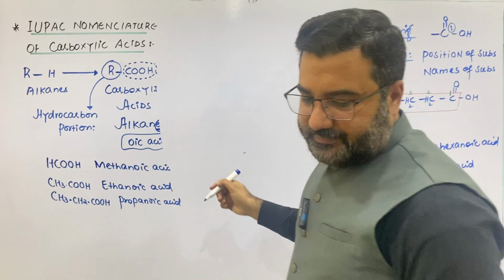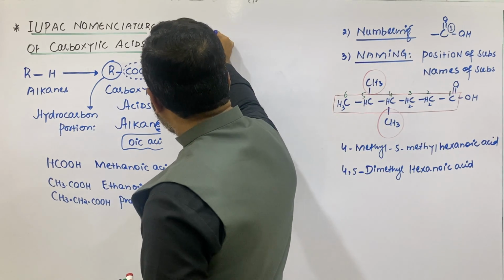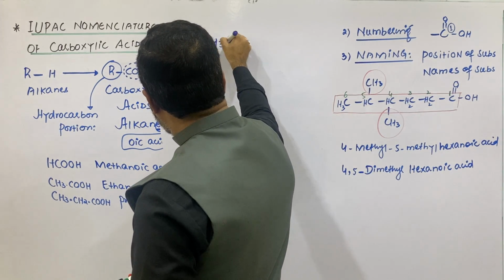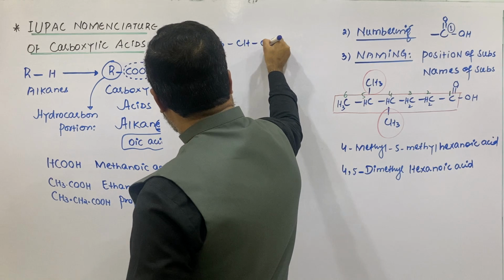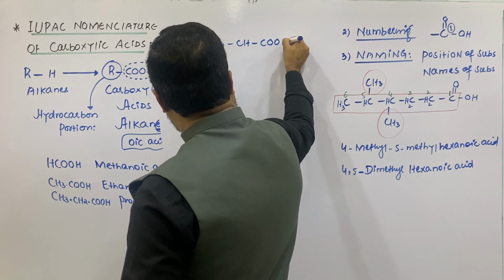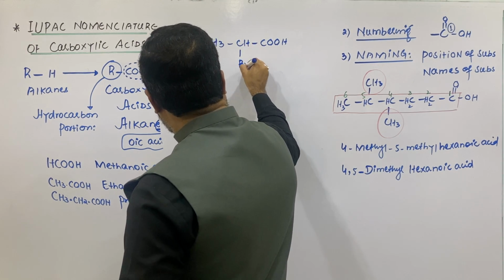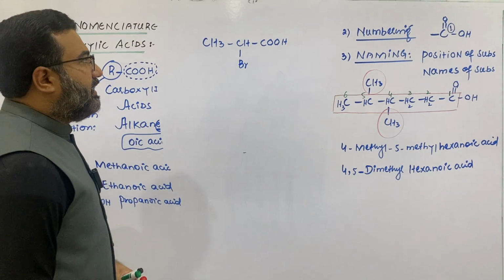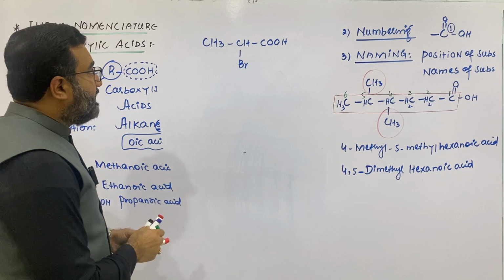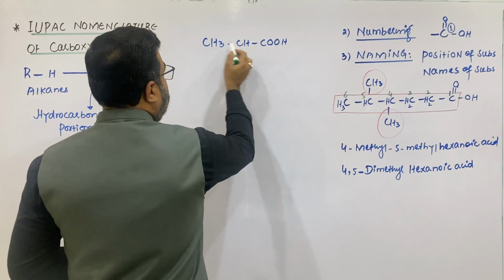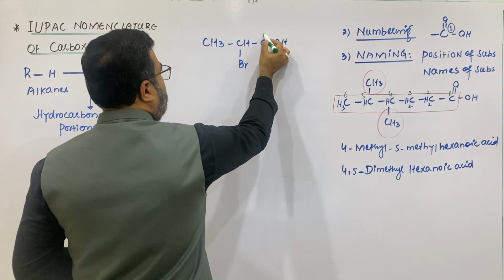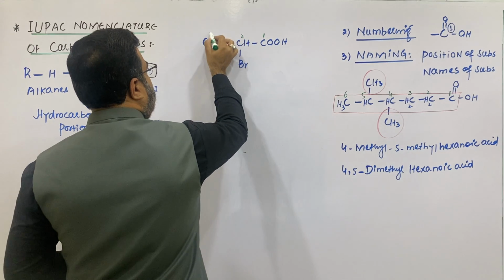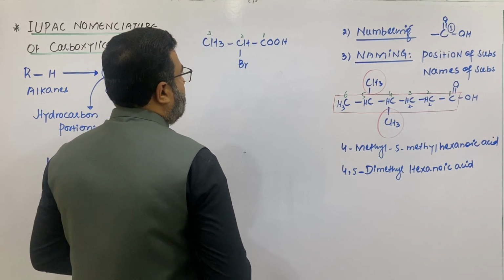Like if we have this compound. Now it is again a halogen substituted carboxylic acid. The longest chain will be, no doubt, the straight chain. It will be carbon number 1, carbon number 2, and carbon number 3.